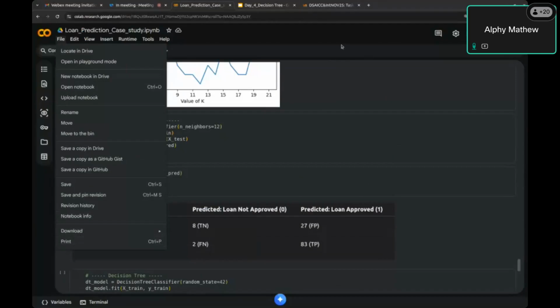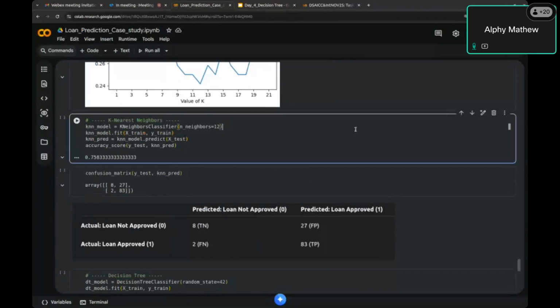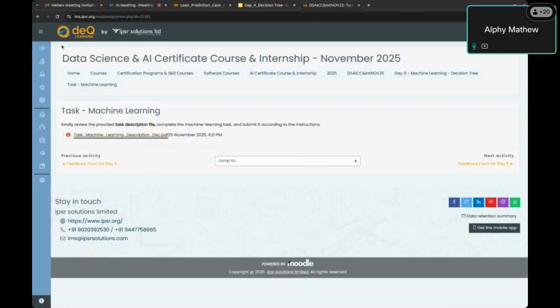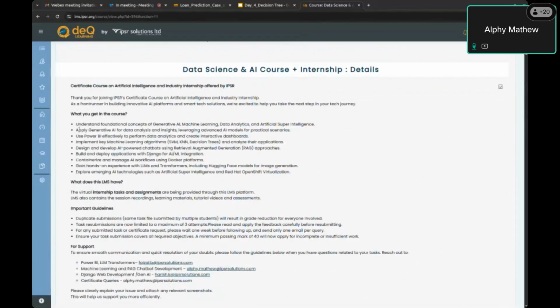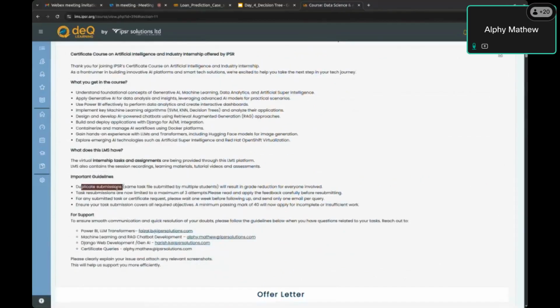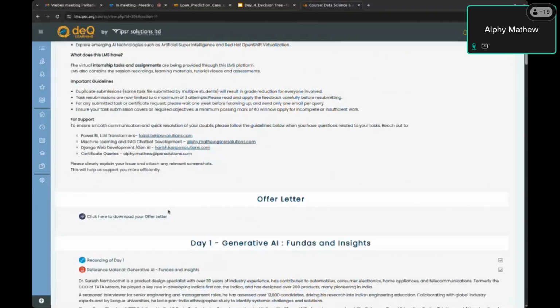Either IPYNB or PDF format, you need to upload the file. The guidelines are clearly mentioned at the top: duplicate submissions, resubmissions, and also the pass marks, etc. So clearly read the instructions and submit the task.